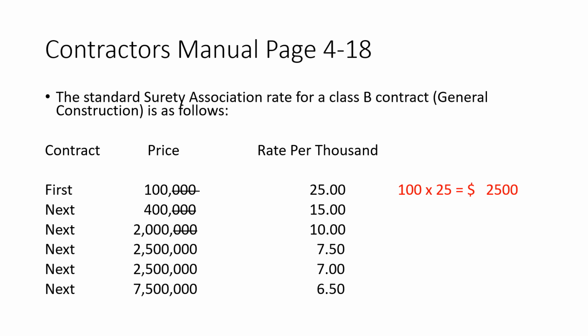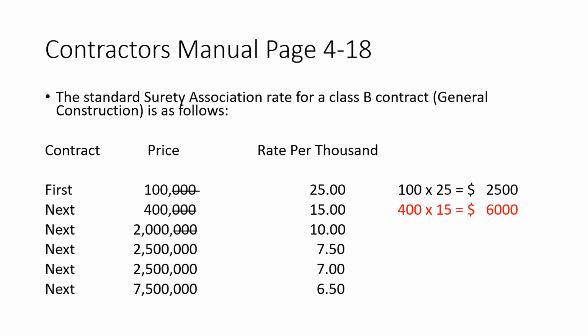Okay, so the next 400,000 of this bond costs us $15 per thousand. So it's 400 times 15, and we get 6,000.